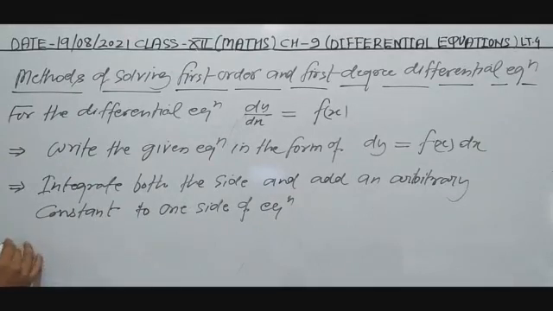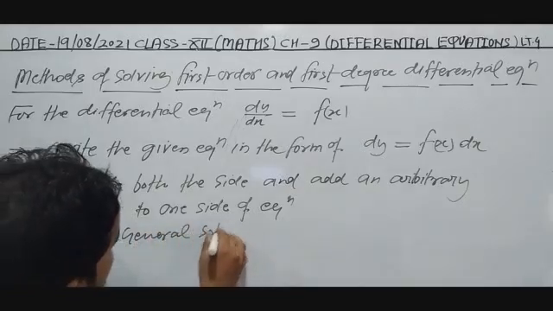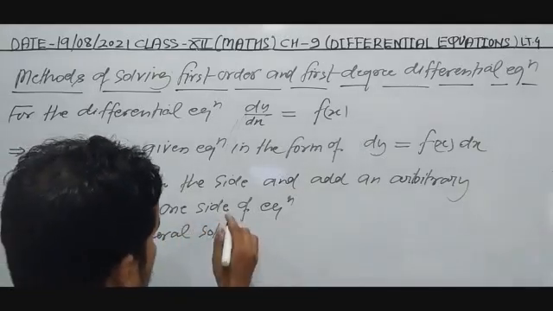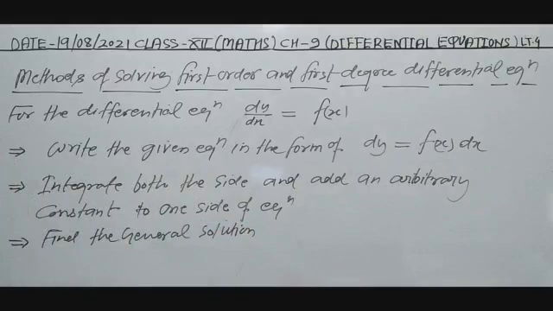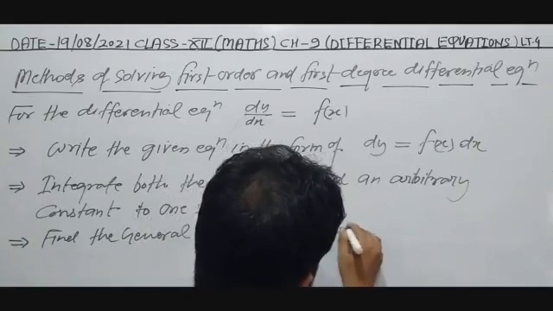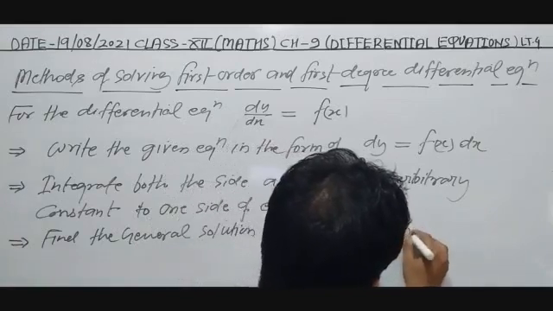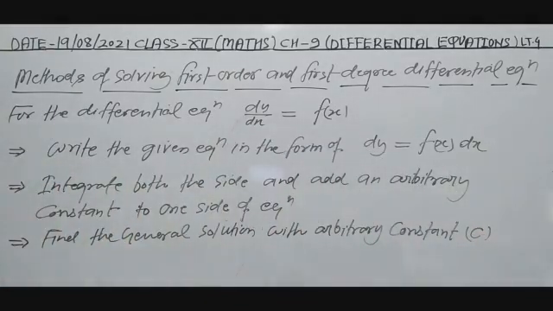Now the third point: when you add the constant, you will get the general solution. Then find the general solution with the arbitrary constant C. After adding the constant C, this will be the general solution.